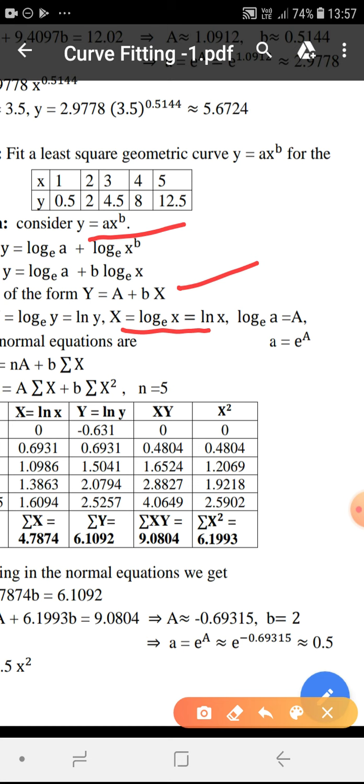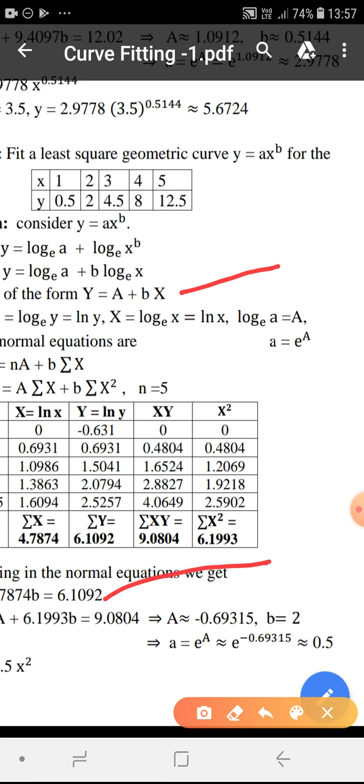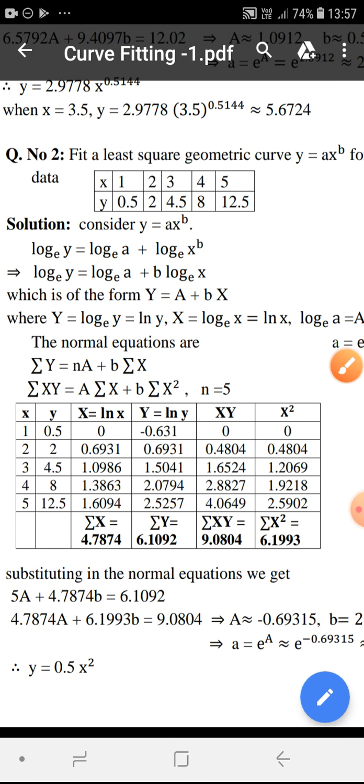Then the normal equations. Look at the equation Y equal to A plus bX, and for this write the normal equations. Attach a sigma symbol to each term of both sides of the equation.